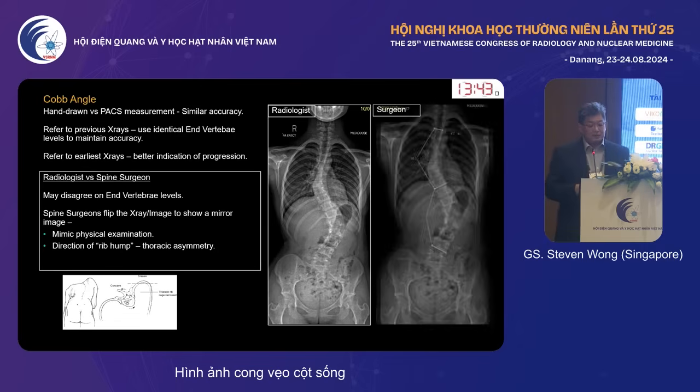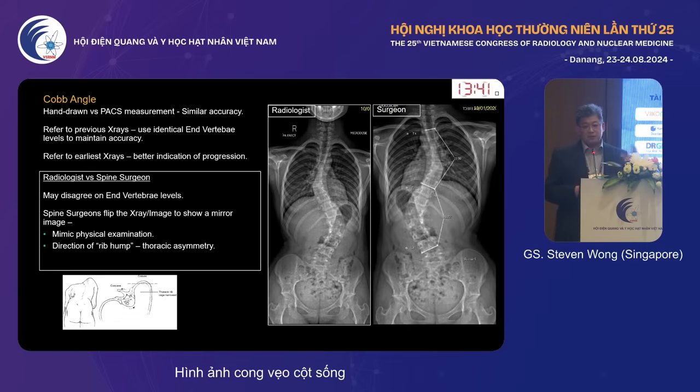And unlike us, surgeons reverse the film, so you actually need to learn to look at the film in the reverse direction. The main reason why the surgeon reverses the film is because that's how they see the patient on the operating table. So their measurement may not be the same as your measurement, and you need to have an understanding with your spine surgeon on how he quantifies his Cobb angle.